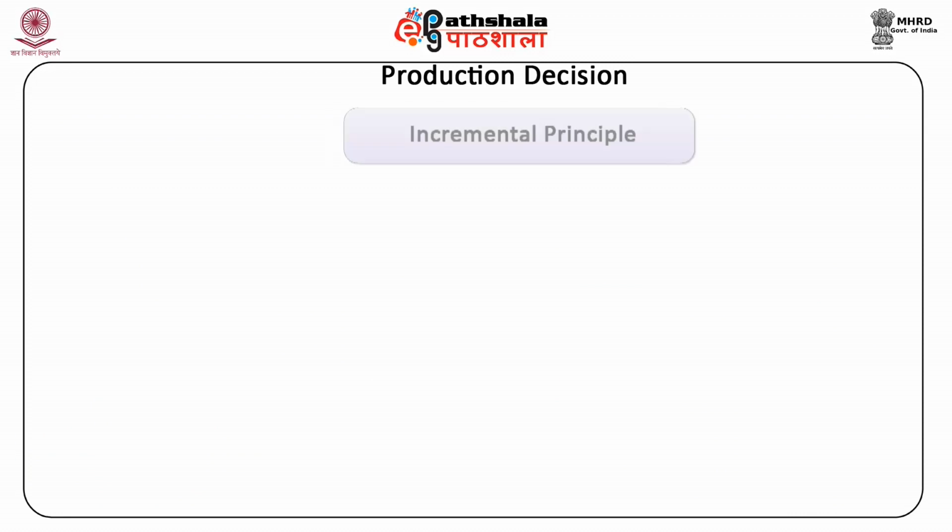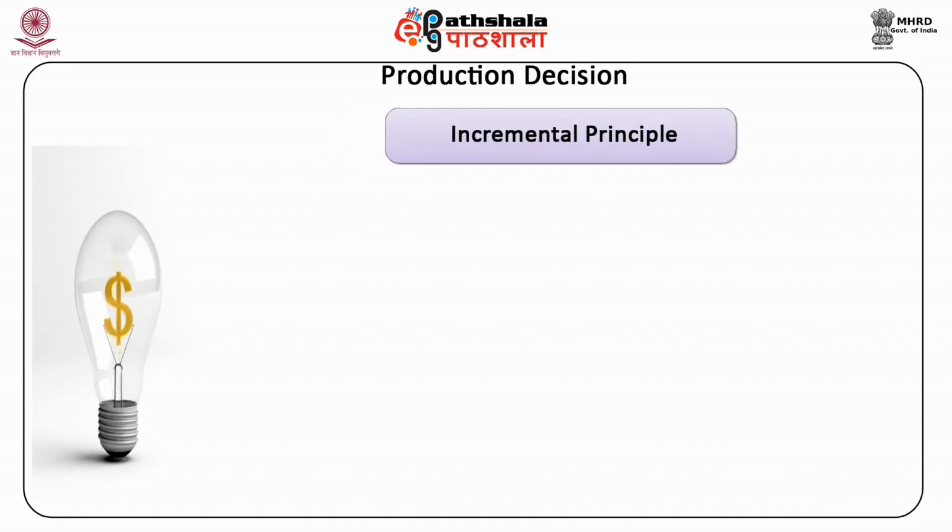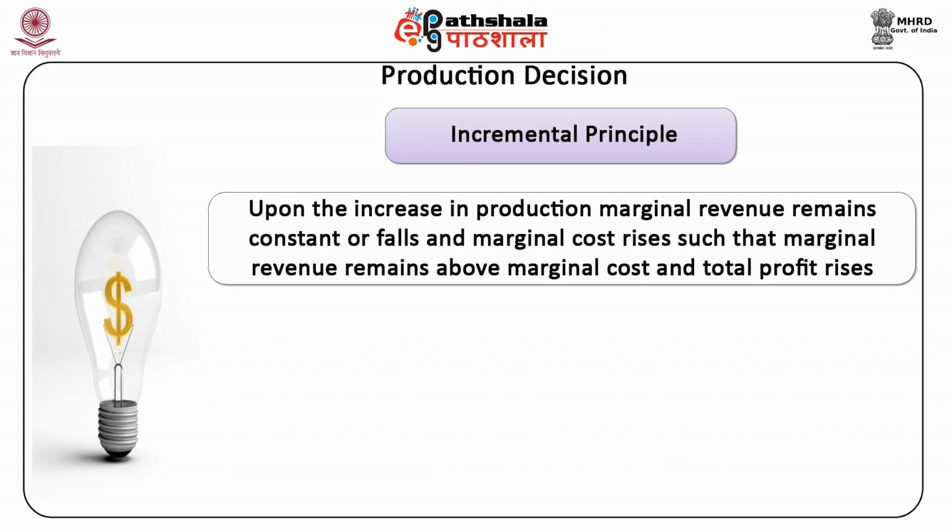The incremental principle may be stated as follows: a decision is clearly a profitable one if at the margin: 1. Upon the increase in production, marginal revenue remains constant or falls, and marginal cost rises such that marginal revenue remains above marginal cost and total profit rises. 2.